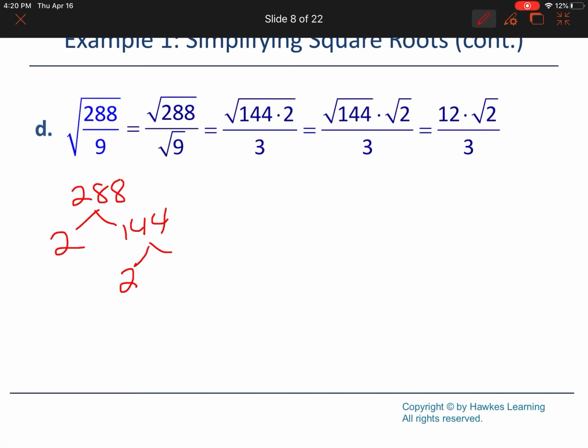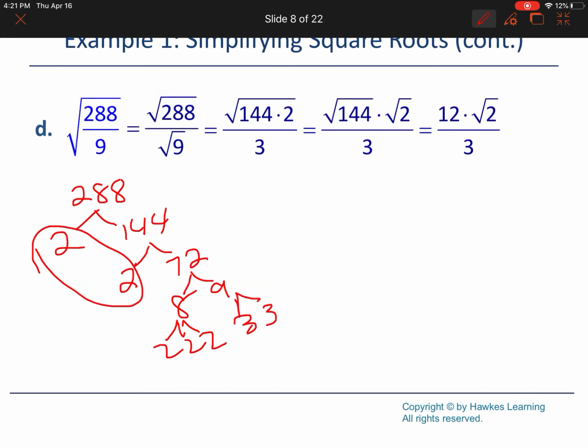And so I'd pull out 2 again, and I would get 72. And oh, 72 is 8 times 9. And 8 is 2 times 2 times 2. And 9 is 3 times 3. Right? So I would be looking at, here's 2 2's, so a 2 comes out.